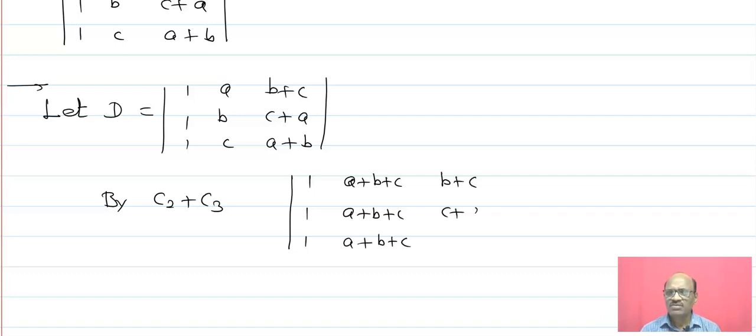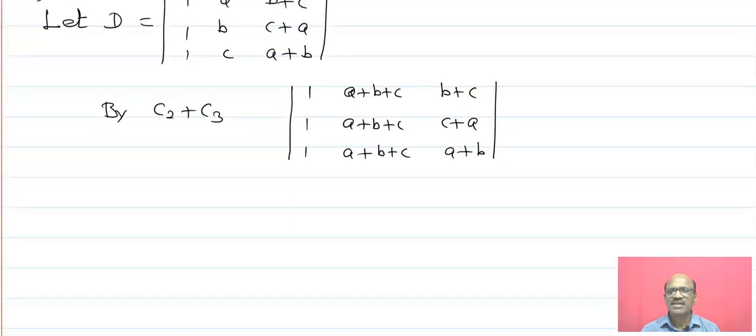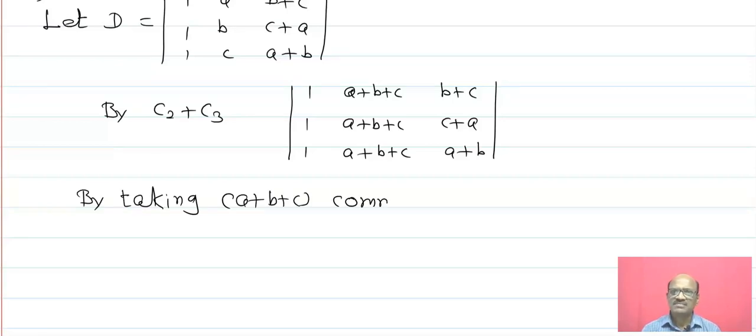There is one more property of the determinant, that if any two rows or columns are identical, then the value of the determinant is 0. Therefore, I added C2 plus C3, means what? In C2 you add C3. Therefore, it is written as C2 plus C3.